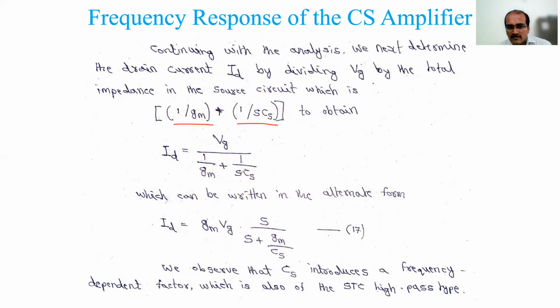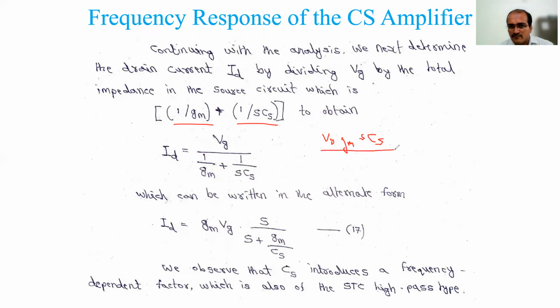Now, same as I did earlier, take the LCM here. So this is VG into GM into SCS, which comes in the numerator, since the denominator term comes to the numerator.